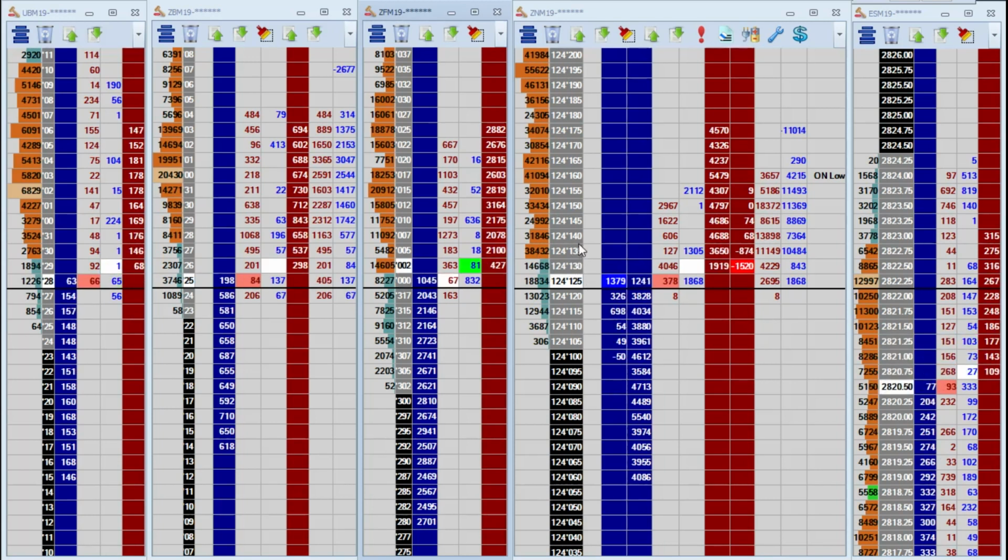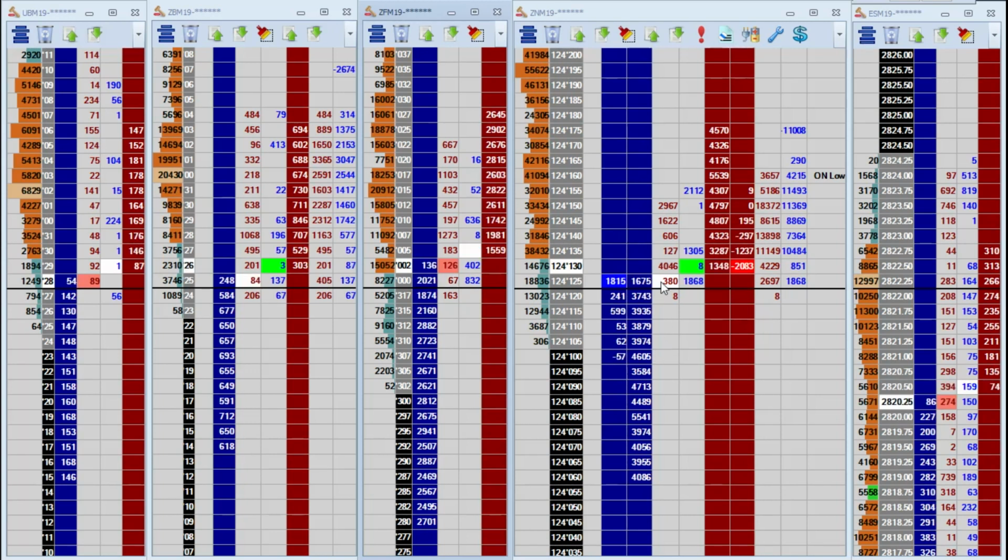For a second there, I thought this step here at 13 and a half was going to stick, but they eventually popped through it. It's nice, 4,000 down, just hit the bid and just destroy it. That's what it'll do.